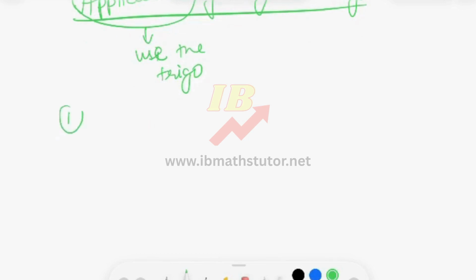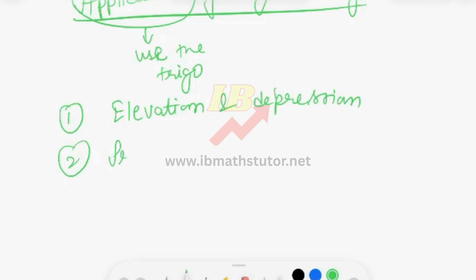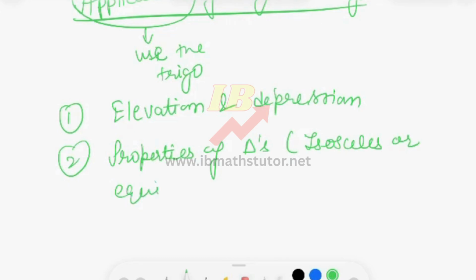So first, I'm just giving you a quick review. We are using it in angle of elevation and depression. Second, we use it in properties of triangles, maybe isosceles or equilateral.